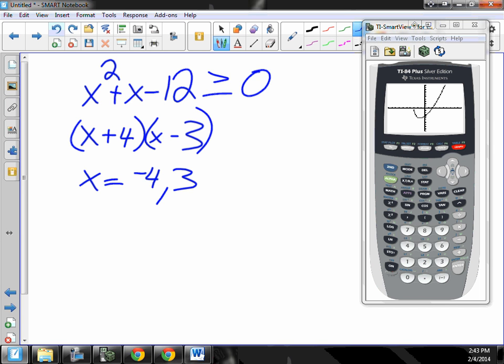Does this parabola open up or down? It opens up, so we don't even need the graph to do it. If you don't know how to do it, go ahead and graph it. And greater than or equal to 0, are my roots going to be open or closed? So my roots are both closed. And what part of the graph am I going to draw?